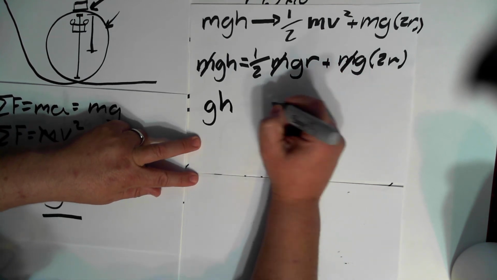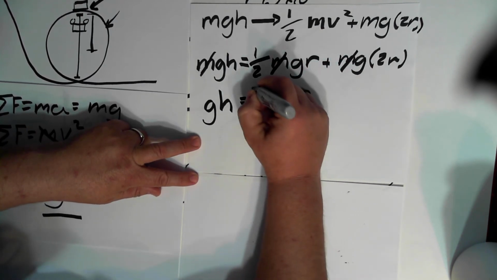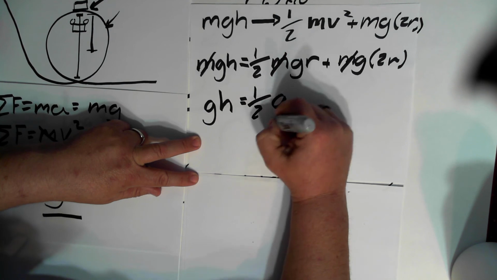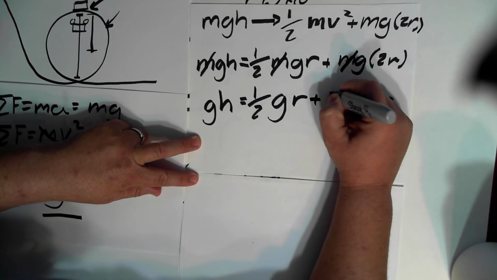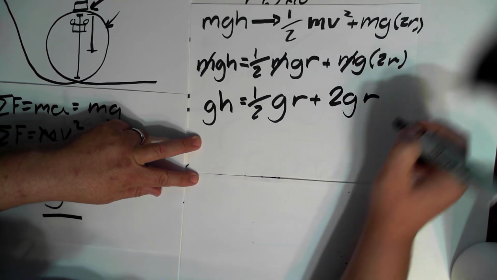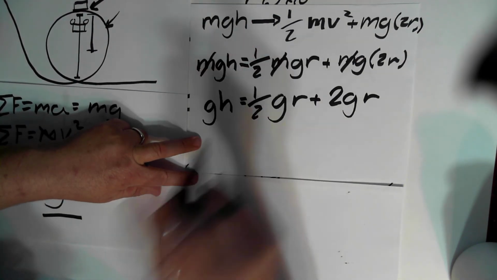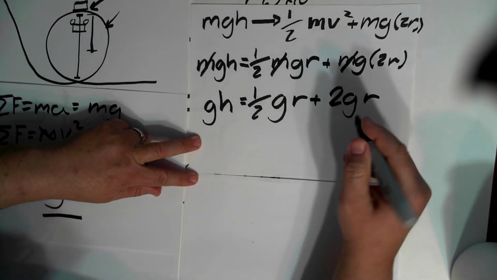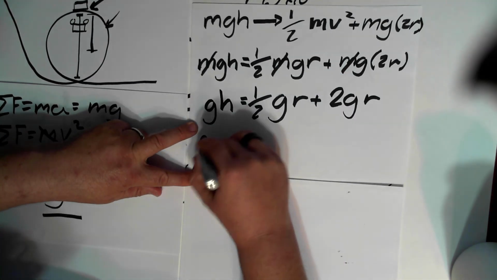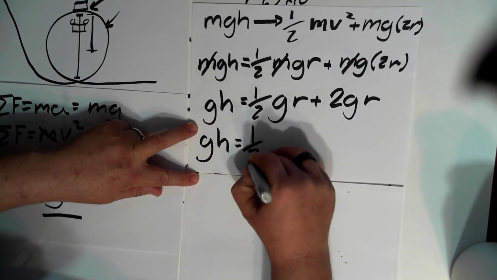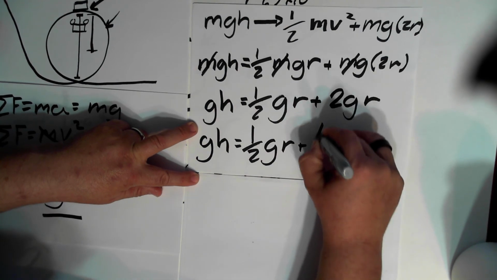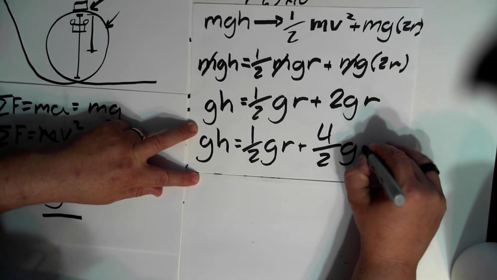So that'd be gh is equal to 1/2 gr plus 2gr. So this would turn into 4/2. So I'm left with gh is equal to 1/2 gr plus 4/2 gr.